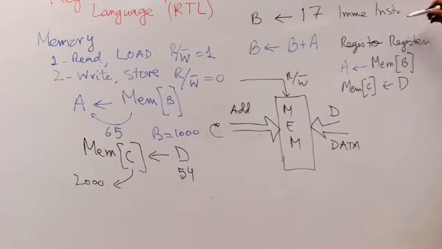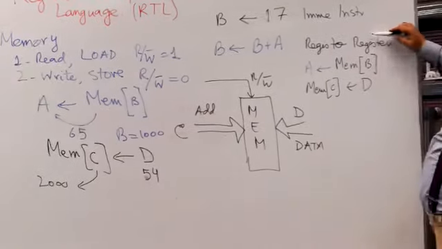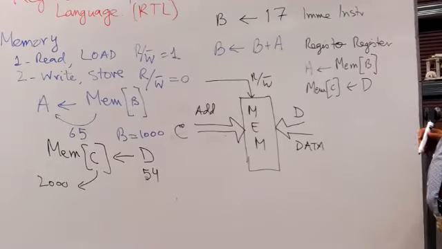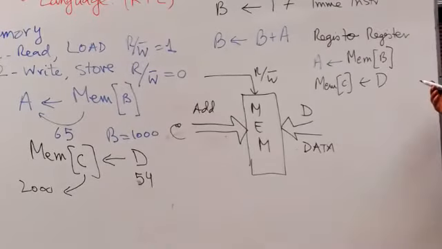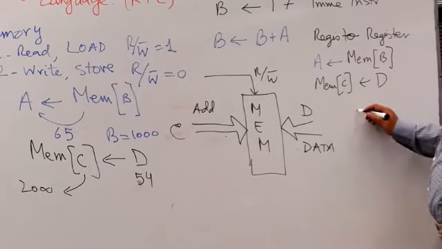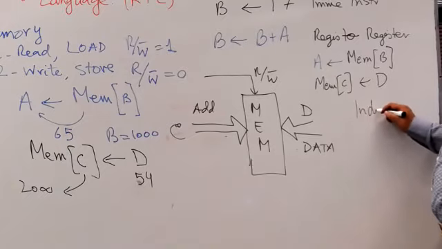So immediate instruction, register to register instruction, and memory instructions. These are mostly the instructions that a processor can do. Interesting. And this is called a direct indirect address.